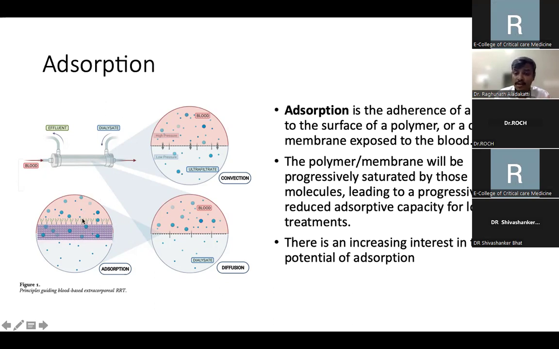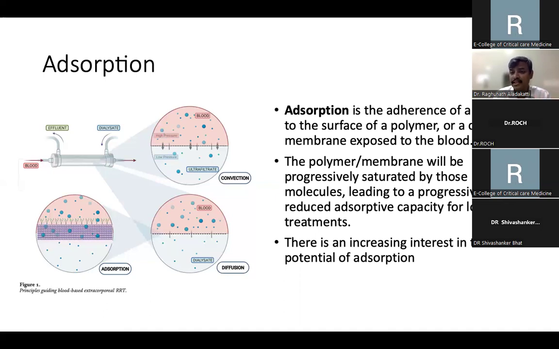Here, the polymer or membrane will be progressively saturated by those molecules, leading to progressively reduced adsorption capacity for longer treatment. Means there is an adsorption area where these molecules go and adhere. So it is used as a newer technology.